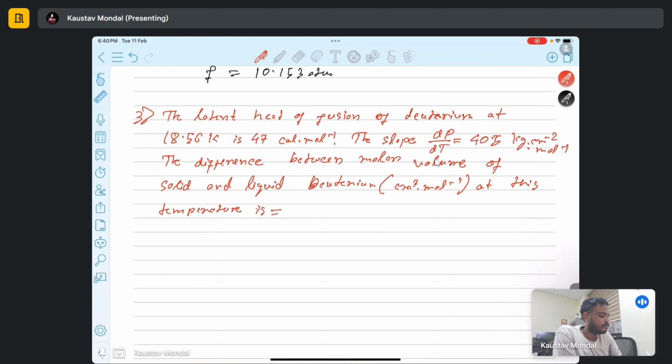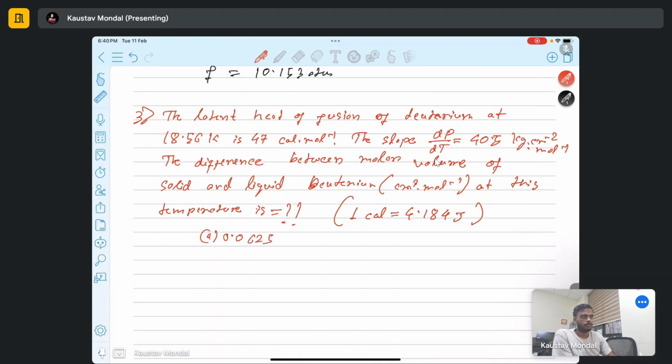So this is basically you have to find out, and there is one information given, that is 1 calorie is equal to 4.184 joule.